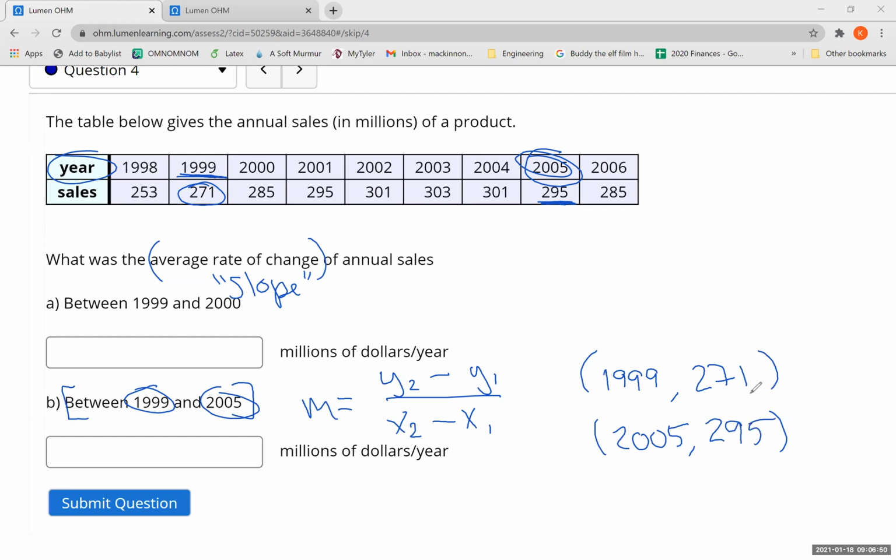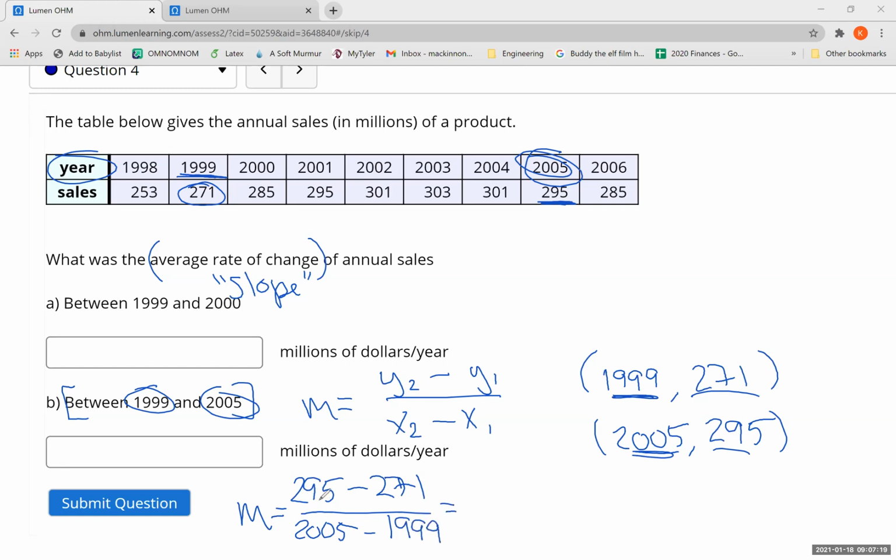So there you go. Now, we're going to go ahead and compute our rate of change here. So we'll say y2, that's 295, minus y1, that's 271. See, there's my son. Good morning. And so then we've got x2, that's 2005, minus x1, that's 1999.